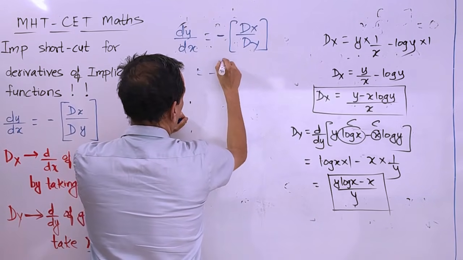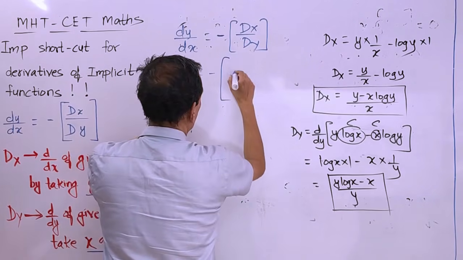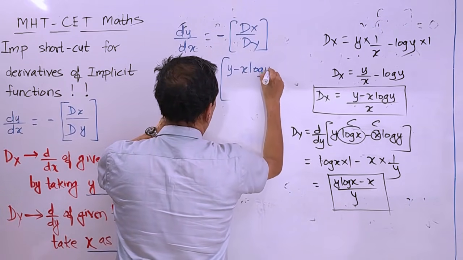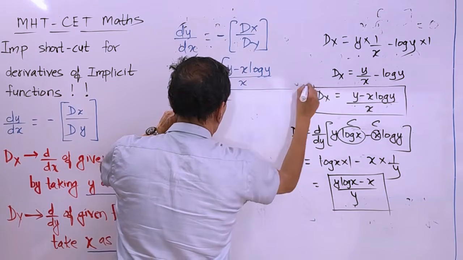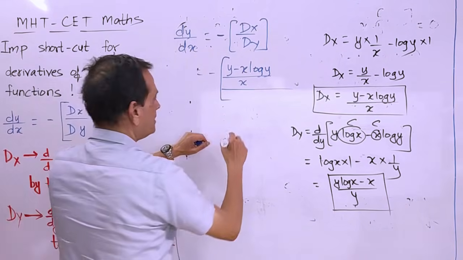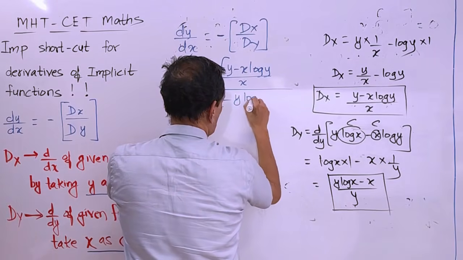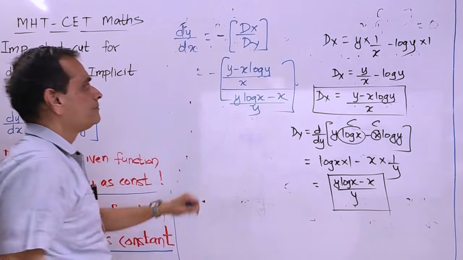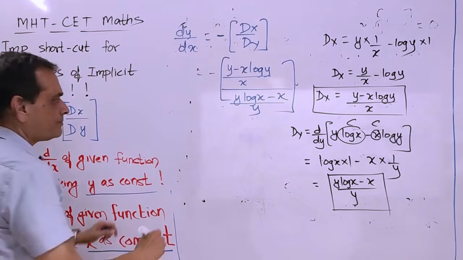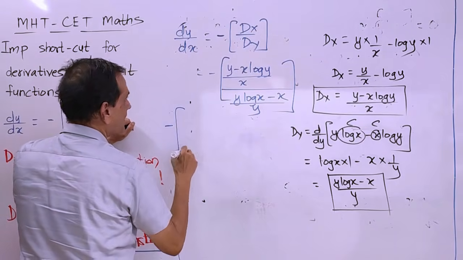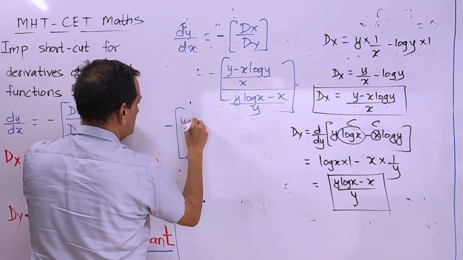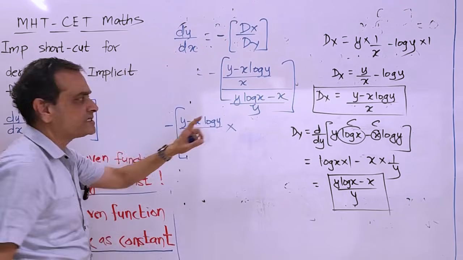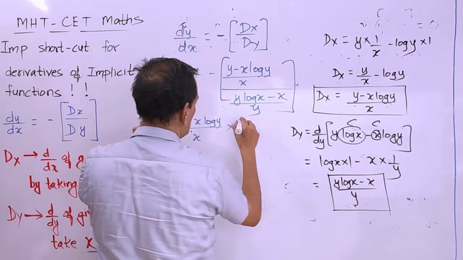That is minus of dx value upon dy value. So keep minus sign outside. This is the numerator into reciprocal of denominator. इसको उल्टा करो.